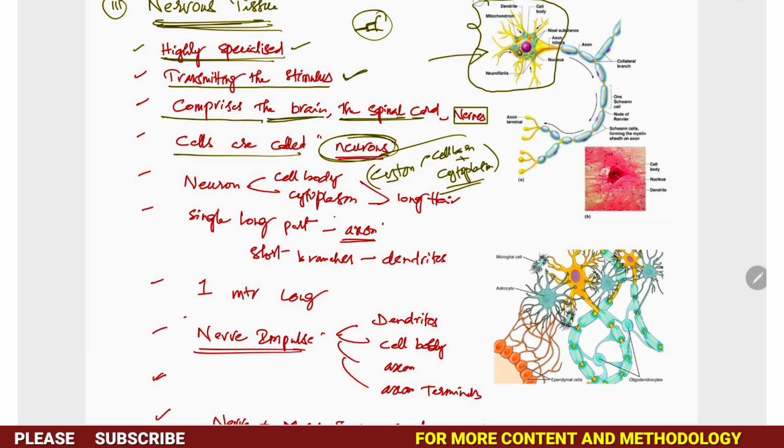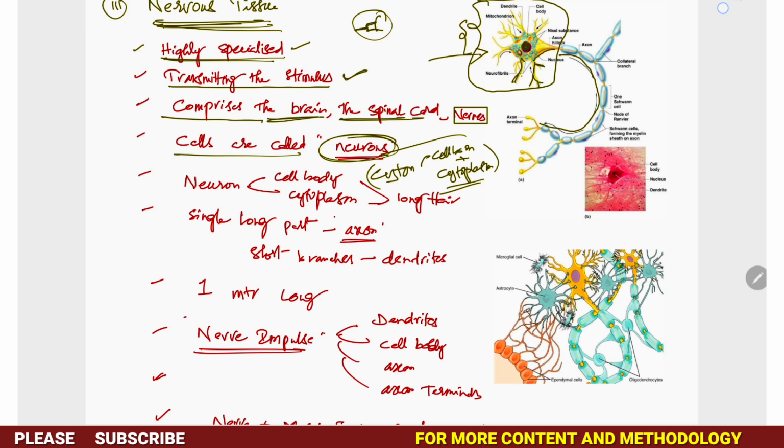In the cytoplasm you can see a clear nucleus, centrally located. From the cyton, long and short parts arise from the cell body: the short projections are called dendrites and the long projection is called the axon. This is the axon, and these short projections are called dendrites.